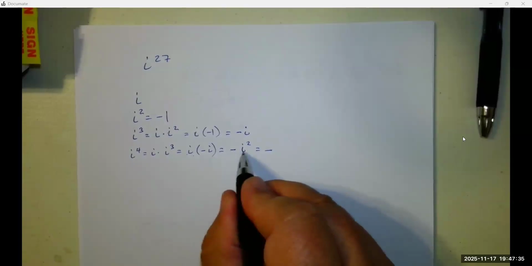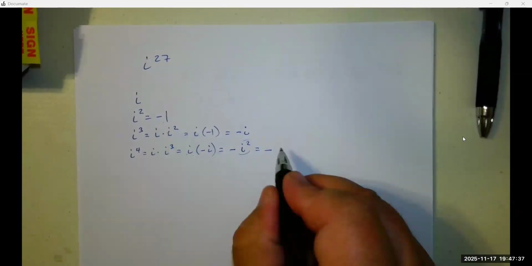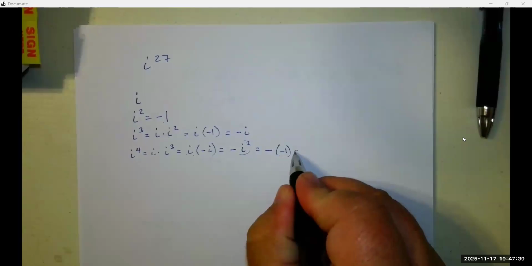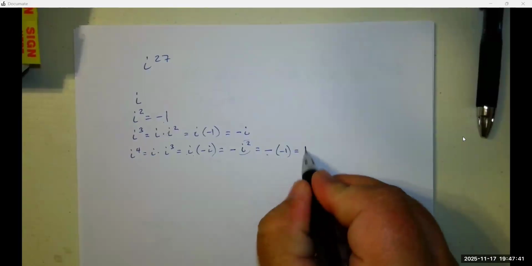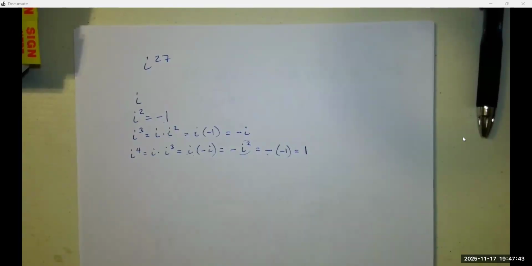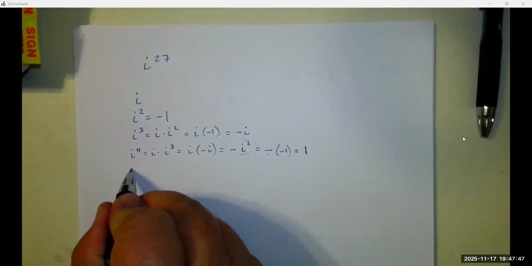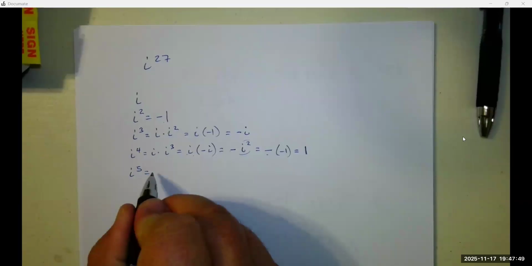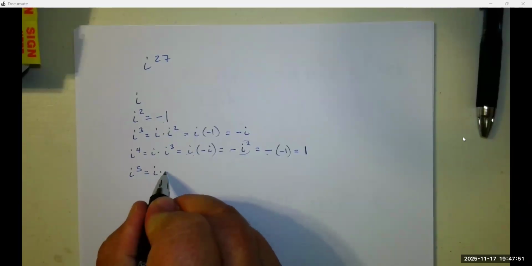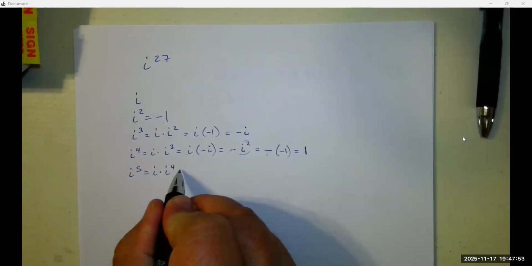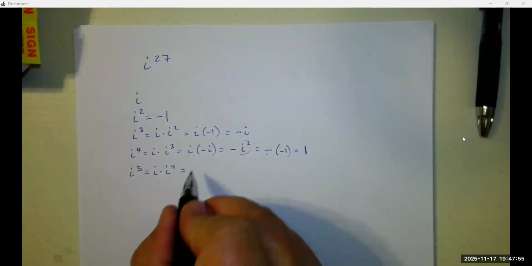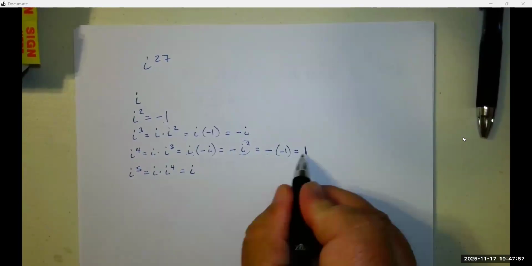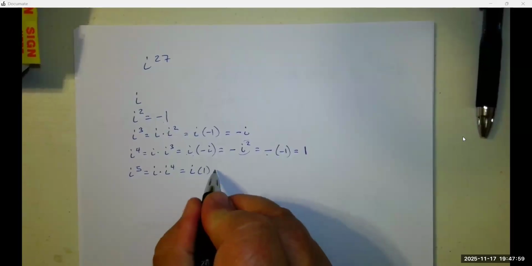Well, we have negative, we know i squared is negative 1. So negative of negative 1 is just positive 1. Let's do a couple more. So i to the fifth would be i times i to the fourth, which is i. i to the fourth we know is 1, so it's just i.